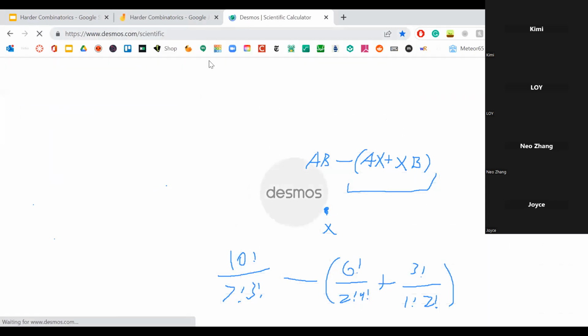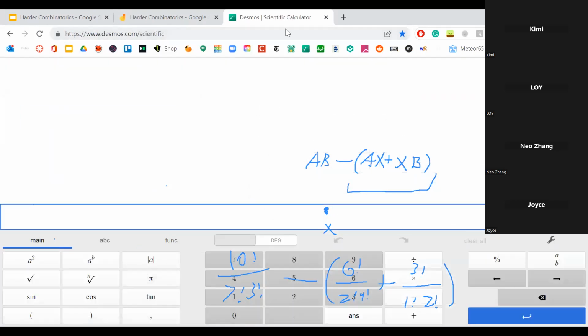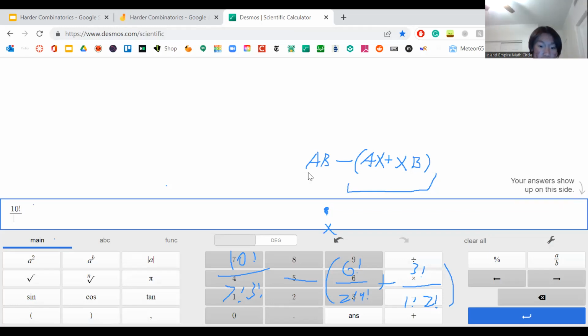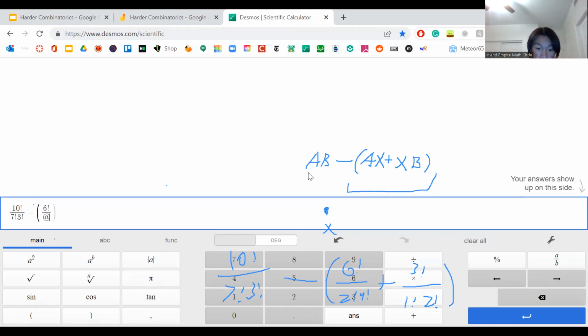There you go. We don't need the graphing calculator. We can use this one. Does this even have 10 factorial? Is that a thing? Oh, it does. Cool. So it's got 10 factorial here. We're going to divide that by 7 factorial times 3 factorial. We're going to minus 6 factorial divided by 2 factorial times 4 factorial.